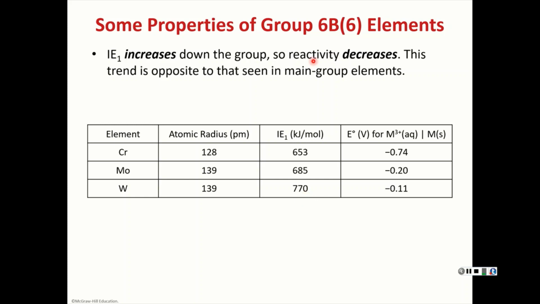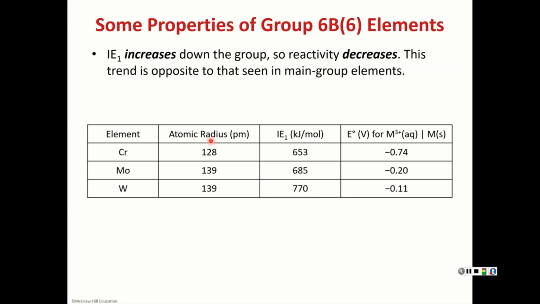By doing so, because it's harder and harder to remove electrons, the reactivity is decreasing. So it's seeing sort of an inverse relationship with ionization energies. And if you remember back from the main group elements, ionization energies actually decrease down a family. Okay, so that's different. That's opposite to what's seen in the main group.